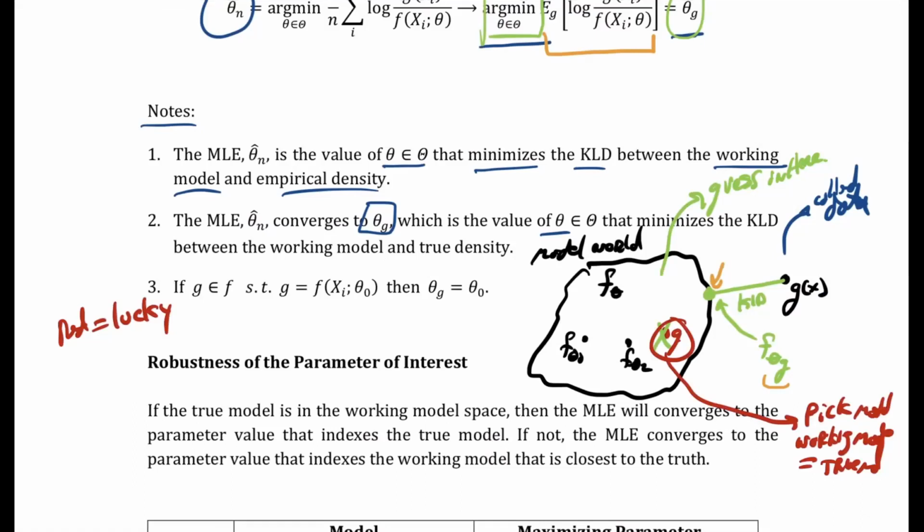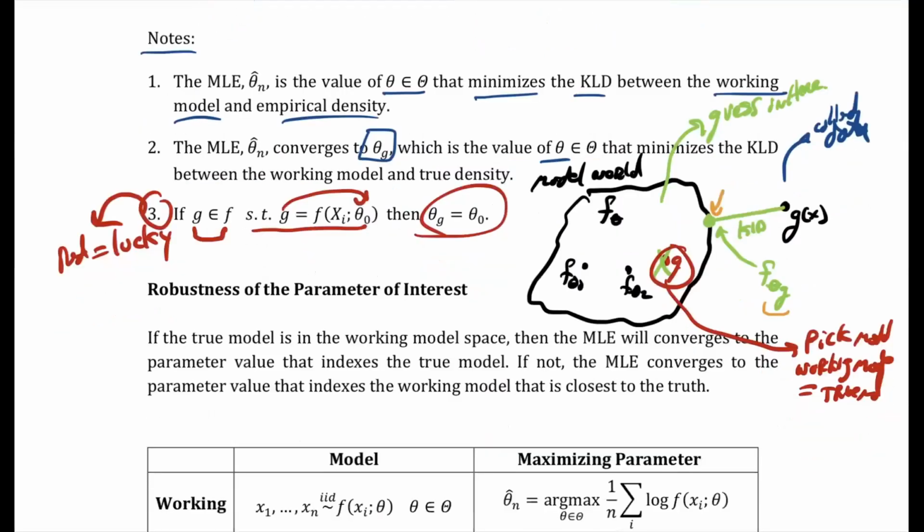It's pretty straightforward. And that's what number 3 says. Number 3 is this lucky case. If G is an F, such that G defines the truth, then theta G will just be the true point that you're looking for. Wow. Okay, this is big. Let's see how this works.